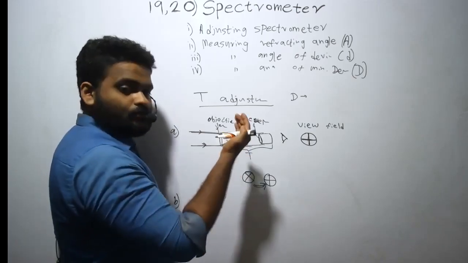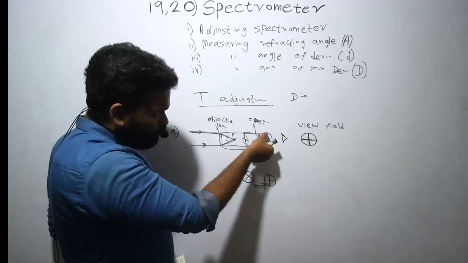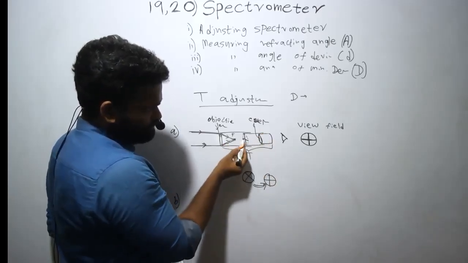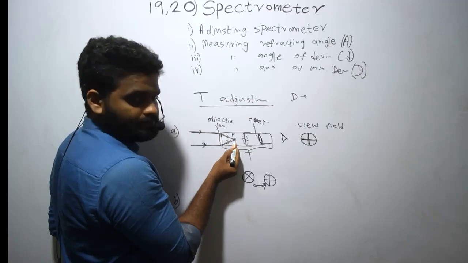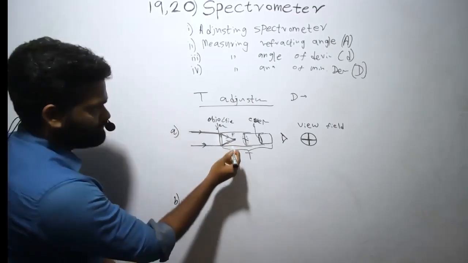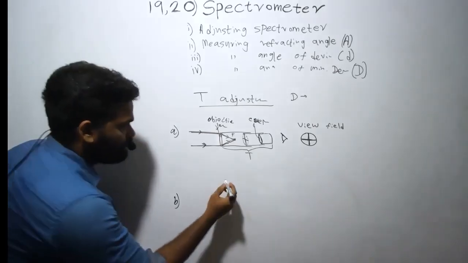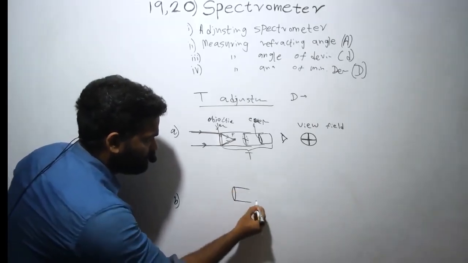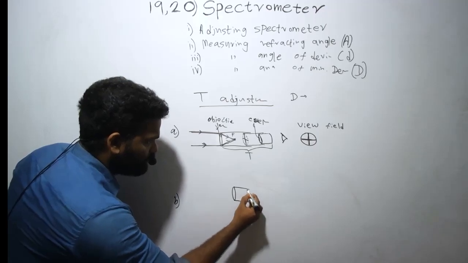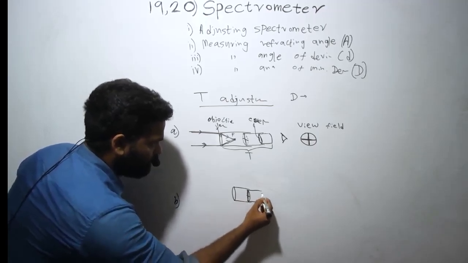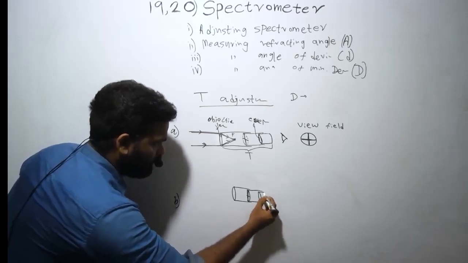What we have to do is move this whole part so the crosswires will be on this focus. That is the other adjustment. So the crosswires are here, the eyepiece here.